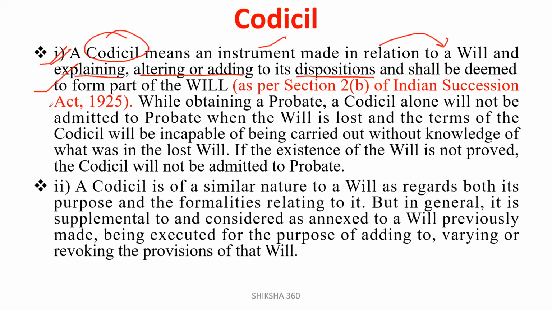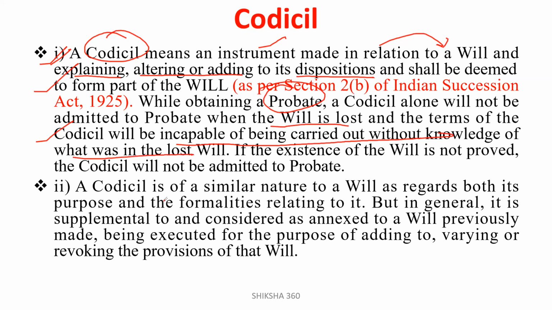While obtaining a probate, now, two words which we have to discuss. First one that is probate, second one that is executor. While obtaining a probate, a codicil alone will not be admitted to probate when the will is lost and the terms of the codicil will be incapable of being carried out without knowledge of what was in the lost will.